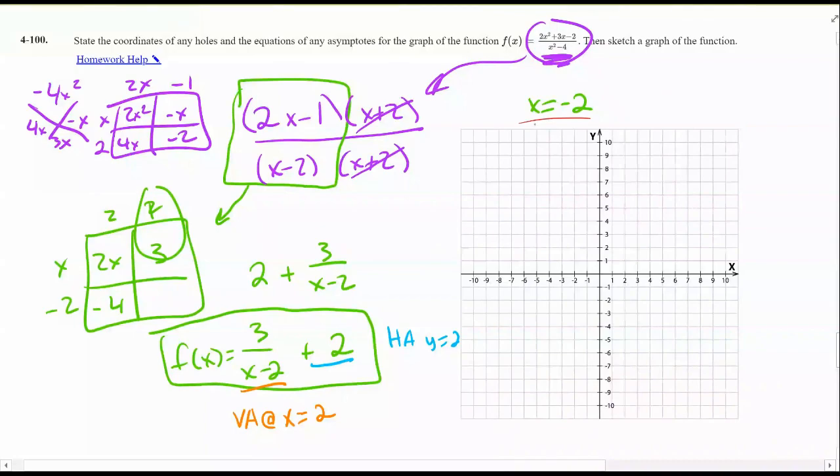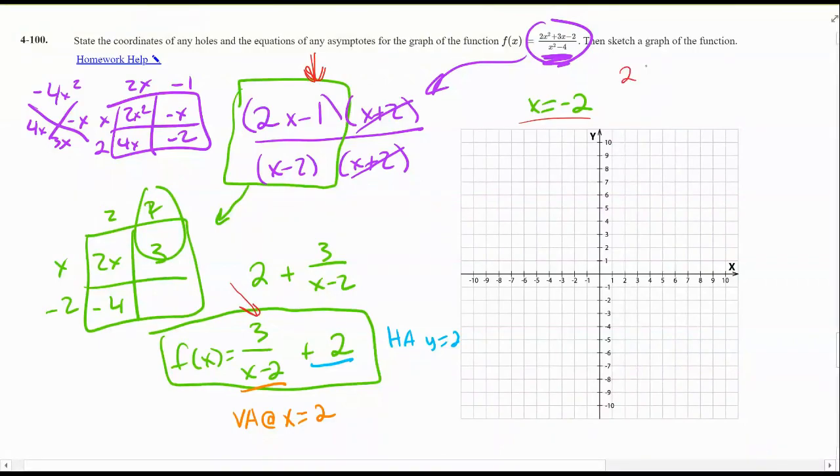So x equals negative 2. I need to plug this in to find my y value. I could plug it into either part of my equation, either the transformation form or the standard form that I started with. It doesn't really matter which one you do. I'll go ahead and do it with the top one.